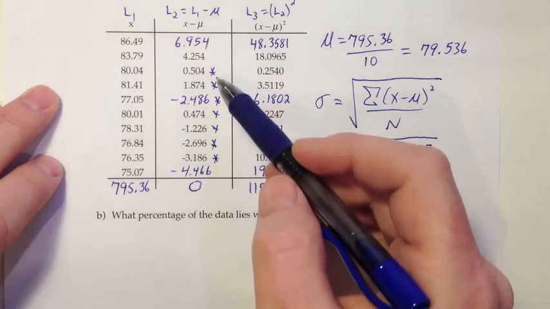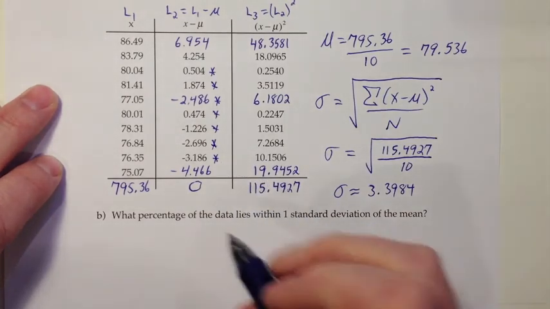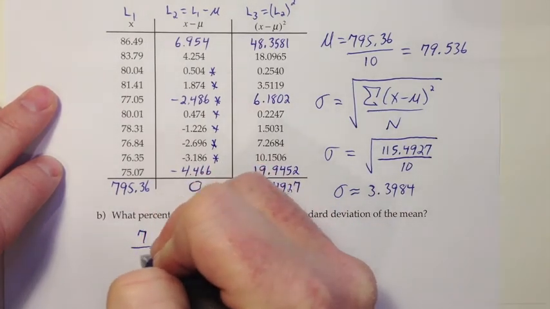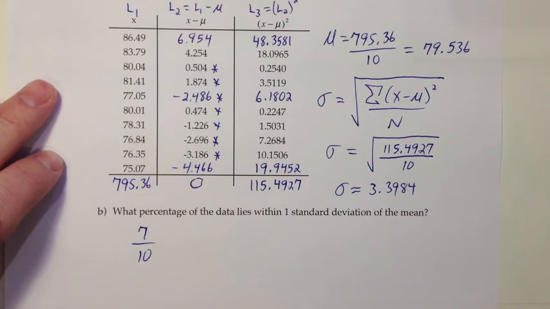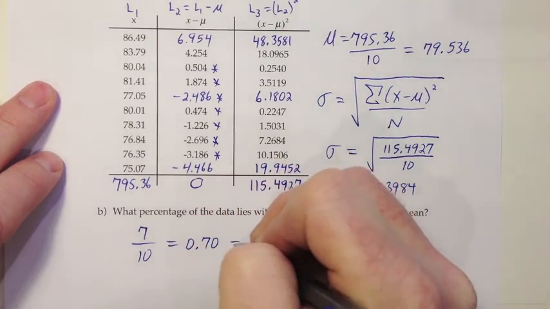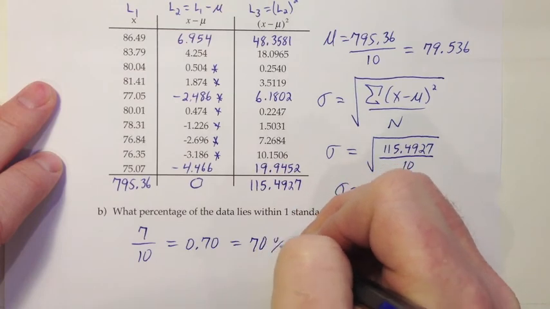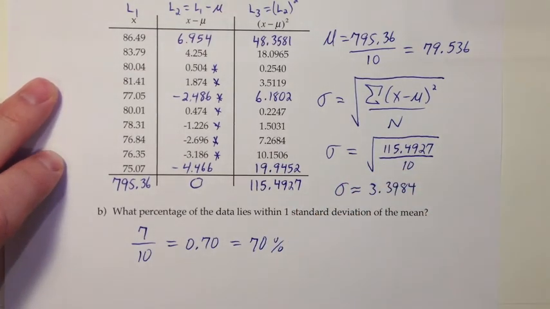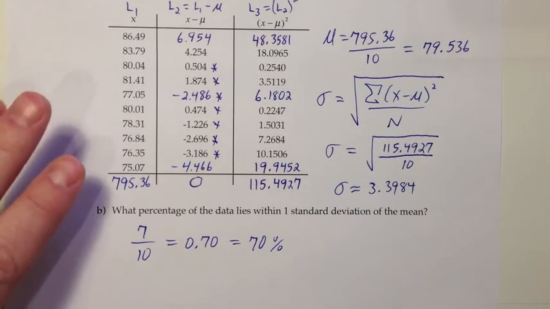So we ended up with 7 values that lie within one standard deviation of the mean, so as a percentage, we want to go to 7 over 10, which is 0.70, or 70%. So 70% of our data values lie within one standard deviation of the mean.